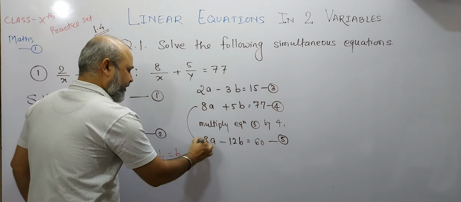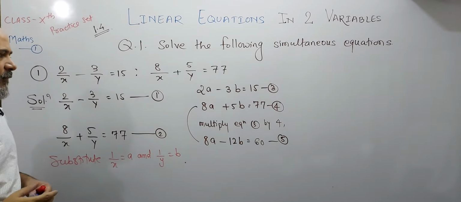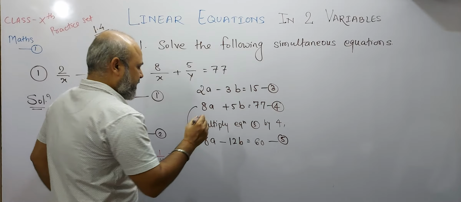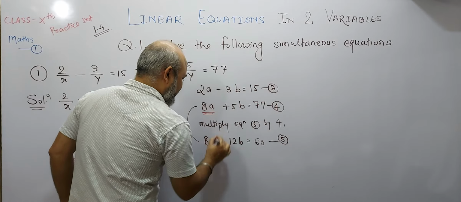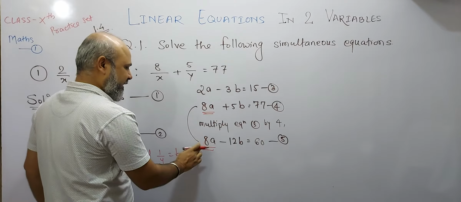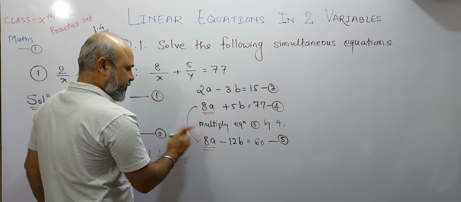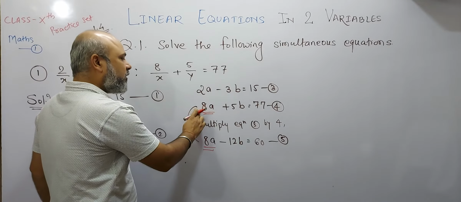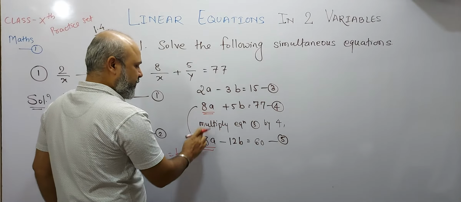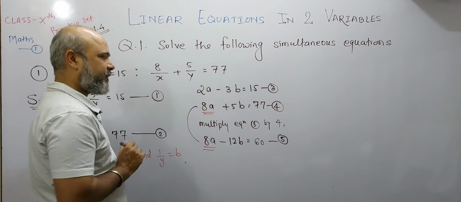Now you see the equation number 4 and equation number 5 having equal values, means the coefficient of a is same and they are having same sign. This is also plus, this is also plus. Both are positive. So you are going to subtract.